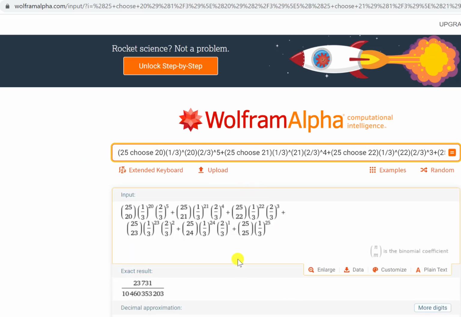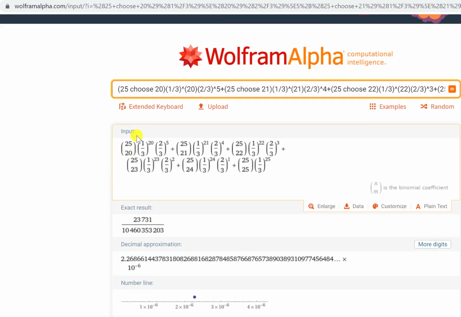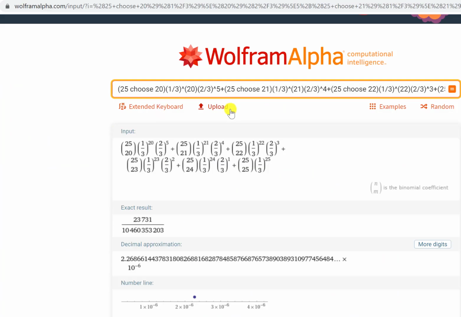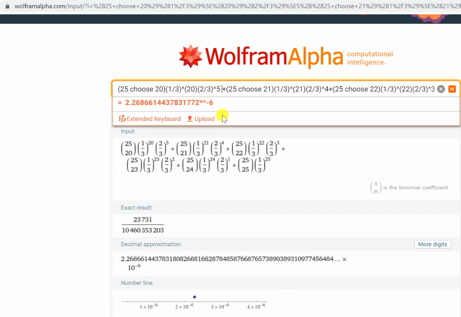Alrighty, so it's worked out what this expression is. It's always a good idea after it does it to look at the input. This is what Wolfram Alpha thinks I meant to enter, and to check, is this the same as what I actually had when I was doing my work? And it is. But if it wasn't, it's a good idea to check parentheses. Sometimes it's helpful to leave an extra space between plus signs, just so it doesn't get confused there.